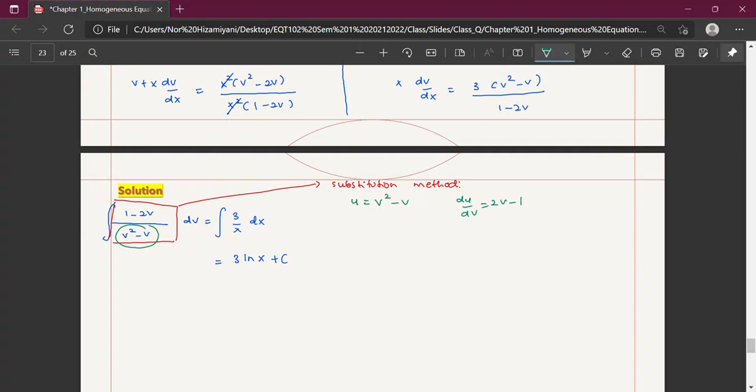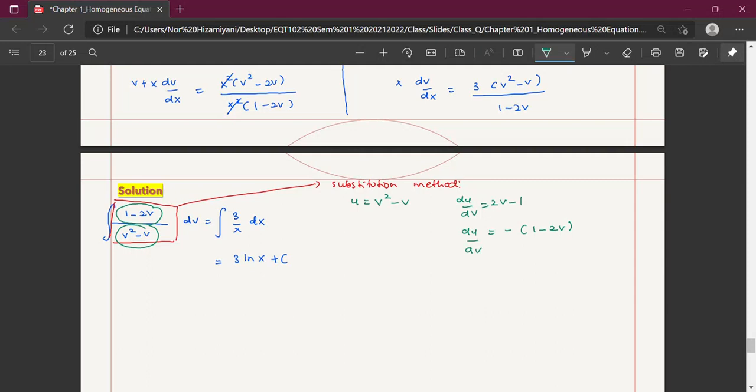So actually we almost get the same equation. This one is 1 minus 2v, this one is 2v minus 1. You will get the same equation if you factorize out negative. So we get negative (1 minus 2v). This is du over dv.